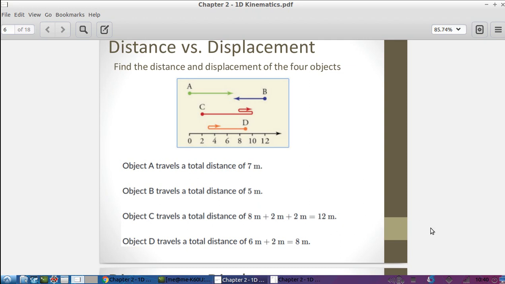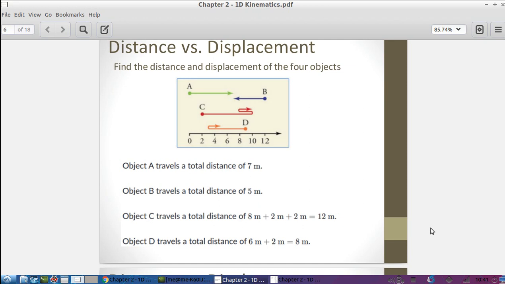Object D does something a little bit similar to object C. It's going in the negative x direction originally, but that's okay. We're not concerned with that. We're just concerned with displacement or distance for the time being. So it starts at 9 meters, travels in the negative x direction to 3 meters. So the first distance object D travels is 6 meters.